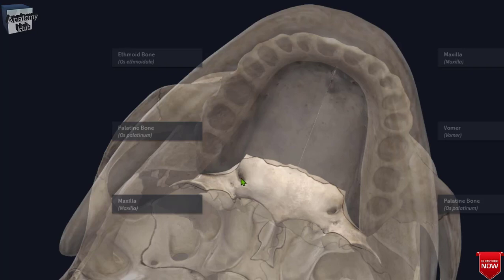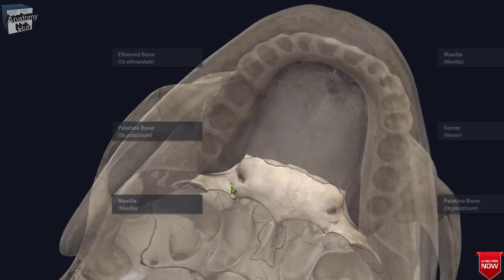The greater palatine nerve and the lesser palatine nerve you will find over here. The lesser palatine canal is connected to the lesser palatine foramen, through which you will find the lesser palatine nerve and vessels. The lesser palatine foramen refers to one or more small foramina representing the opening in the hard palate in the horizontal plate of the palatine bone, and it connects to the lesser palatine canal that carries the lesser palatine nerve.